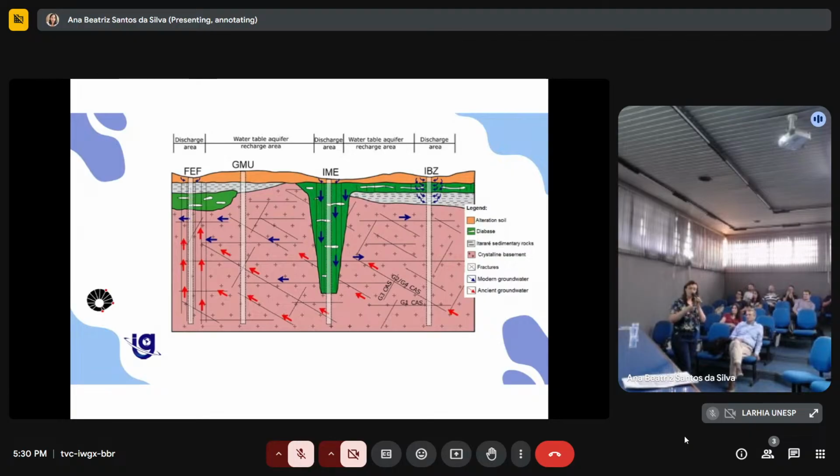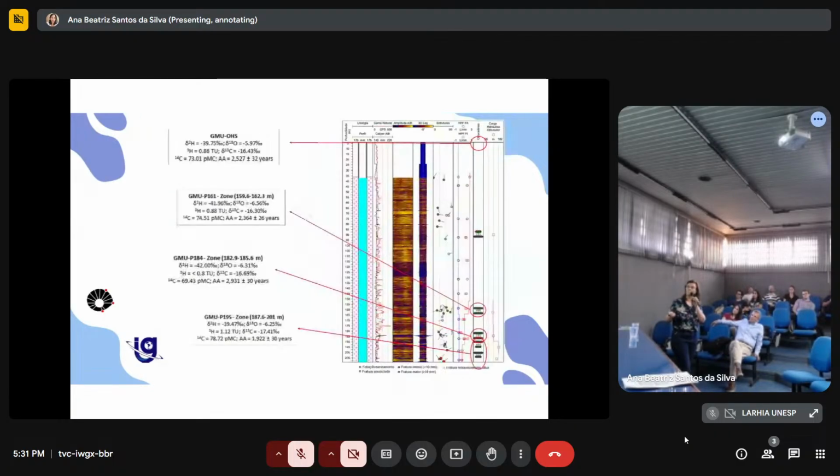And today I want to show you something else about the GNU well, the experience that we had with the stable isotopes here. So this is the log for the GNU well. Let me see where I start.